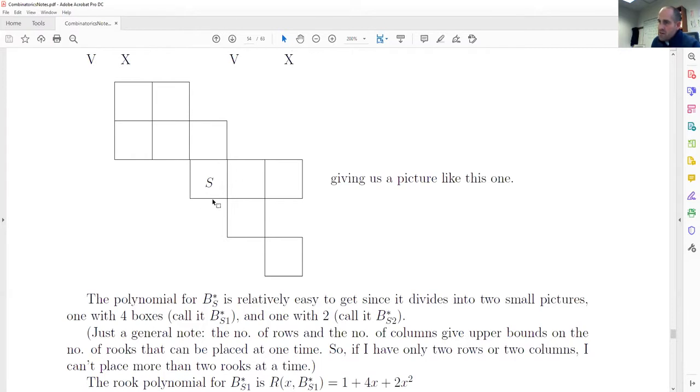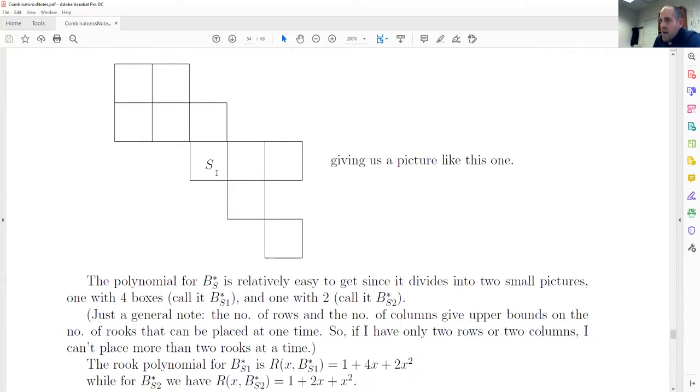We hone in on this, and we say what happens with that? So for BS, what about the Rook polynomial for BS star? Now BS star means I eliminate the row and the column corresponding to this. And oh man, how easy is that?